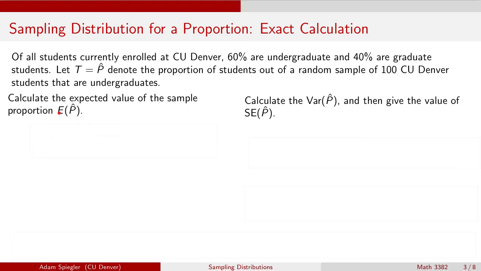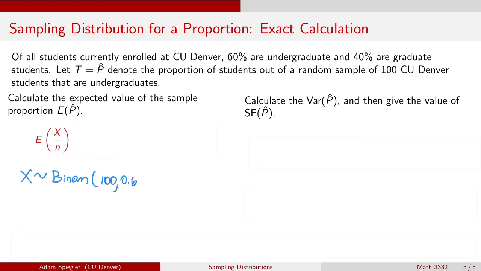So let's think about how we could calculate the expected value of this sample proportion. The first thing I can do is just note that p hat would be how many students in this sample are undergraduates, and then divide that by the size of the sample, 100. So X is how many students out of the 100 students in our sample are undergraduates.